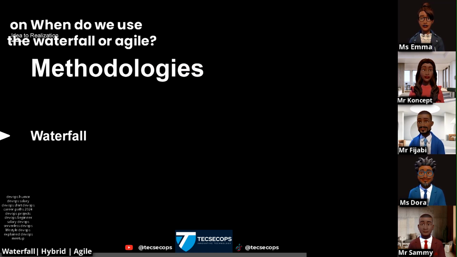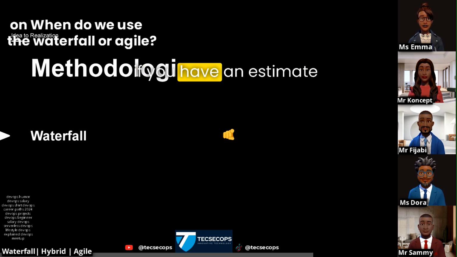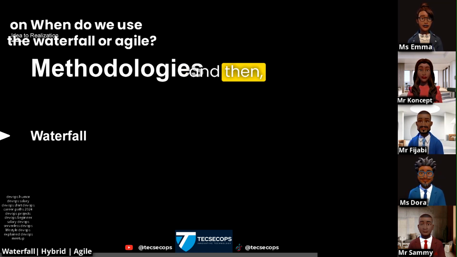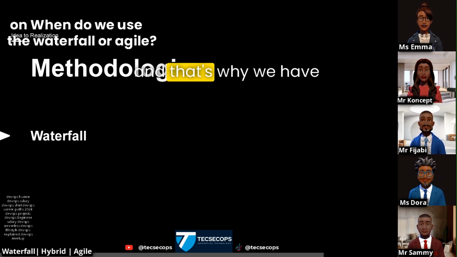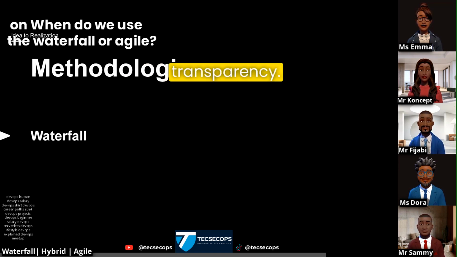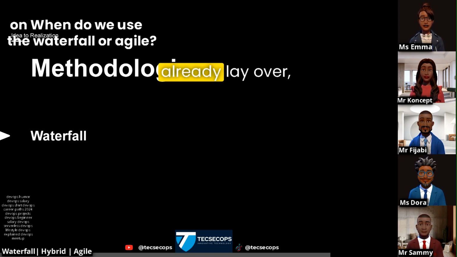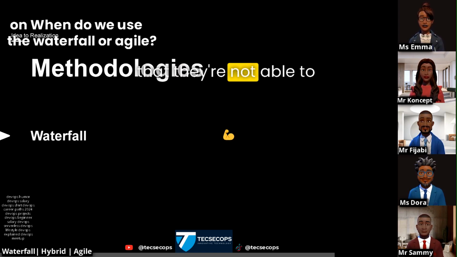Okay. Why I support Mr. Sammy was the fact that if you have an estimate of, let's say, 2 points or 3 points, and then I come in, it depends on the team's ability. Everybody has their ability, and that's why we have transparency. You don't just want to base it on your previous employee that you laid off, maybe because you're giving them a task that they're not able to complete.